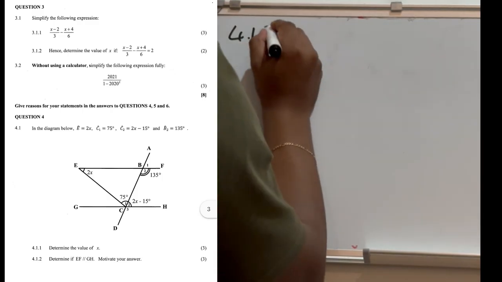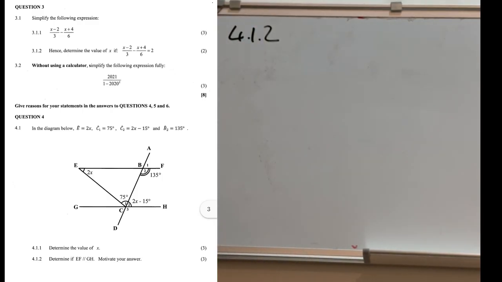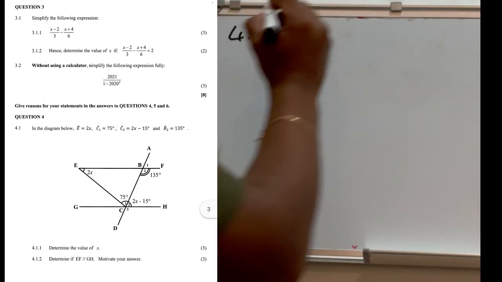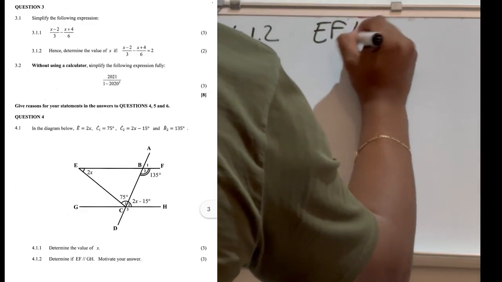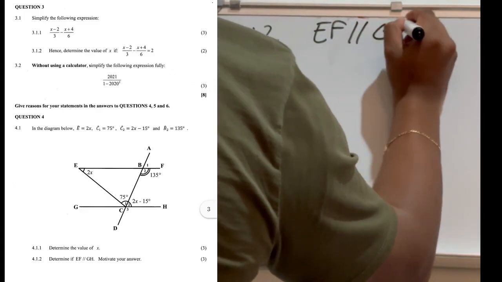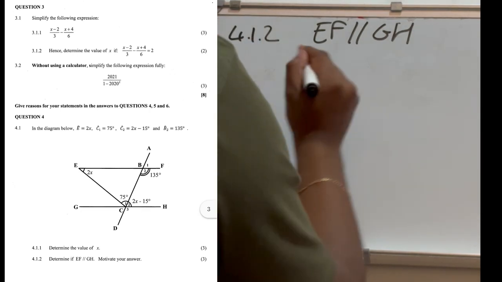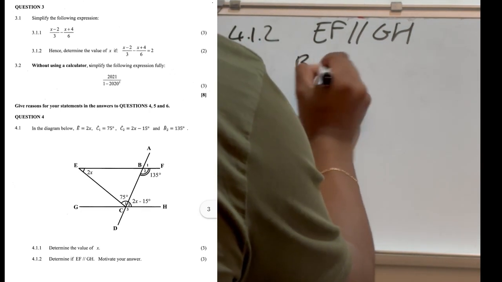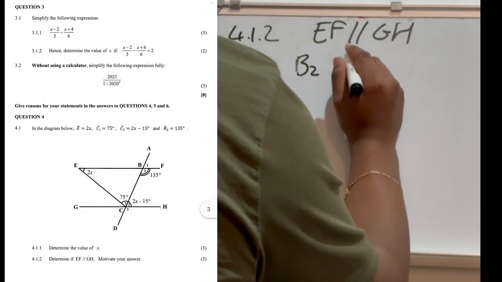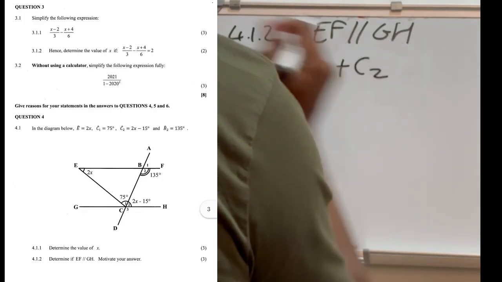4.1.2, so x is 30. So how can we show that? We need to show that EF is parallel to GH. So the way we can do that, what is B2 plus C2?